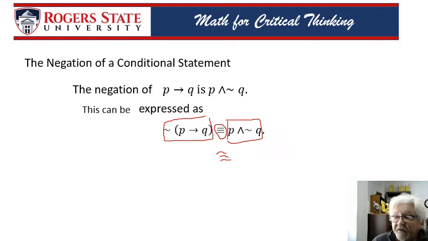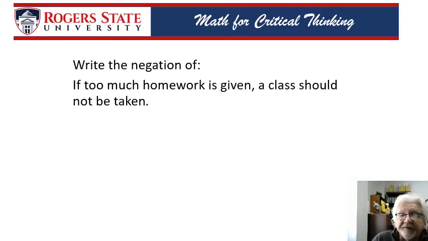Okay, so let's take a look and see how that works. Write the negation of, if too much homework is given, a class should not be taken. Okay, so we're going to say P is too much homework.